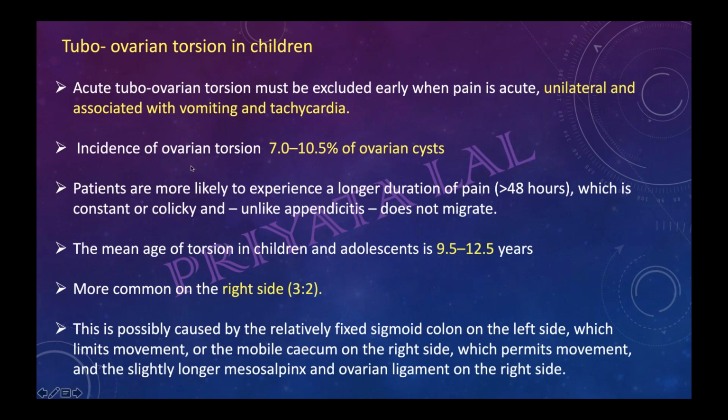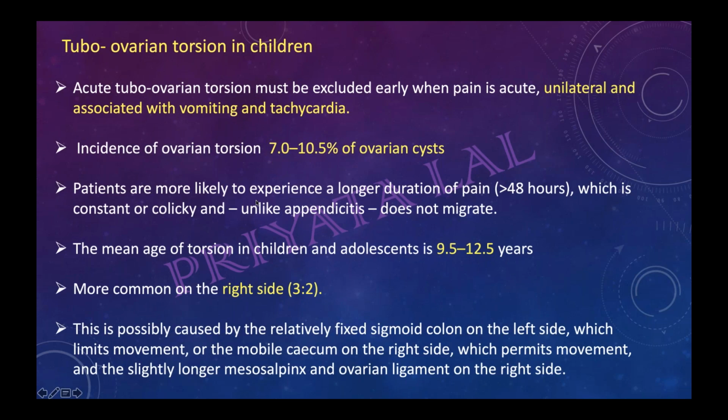Okay, apart from this, what is the incidence of torsion? It is usually 7 to 10%, but in a previous talk it was 11% written, so it is near to this number only. So you can get a question from here: incidence of ovarian torsion in children is 7 to 10%.